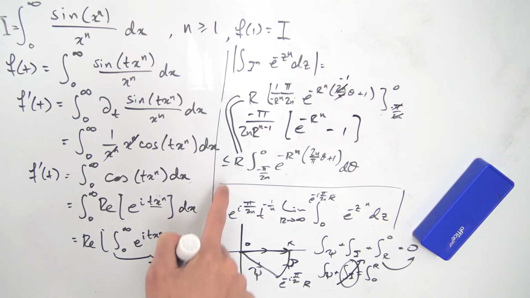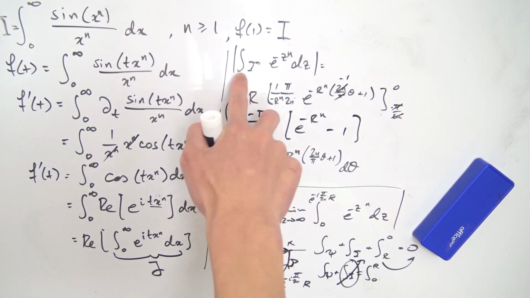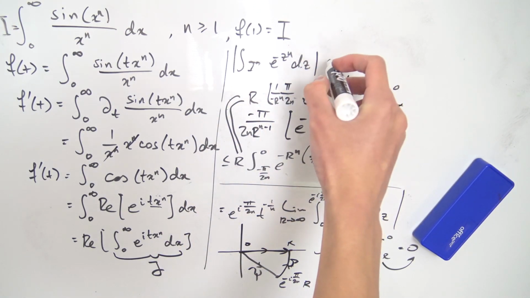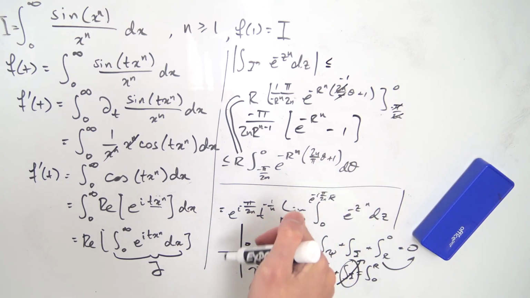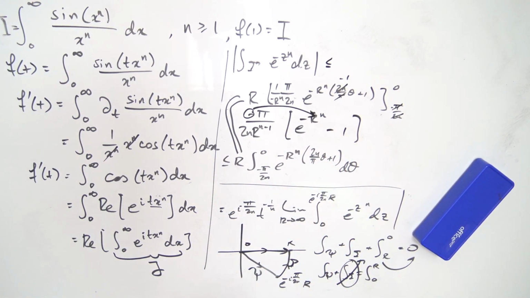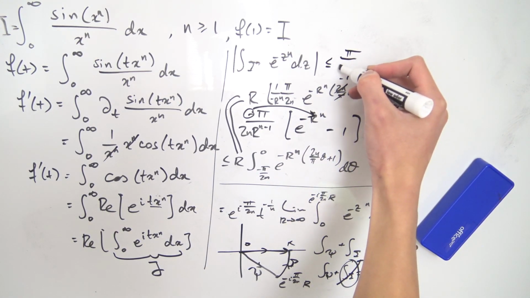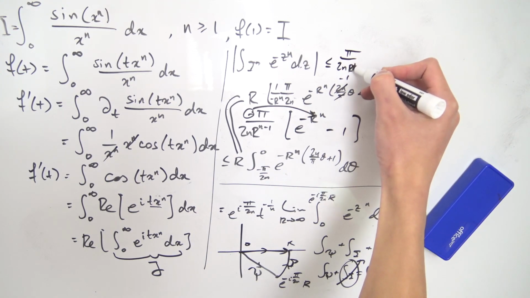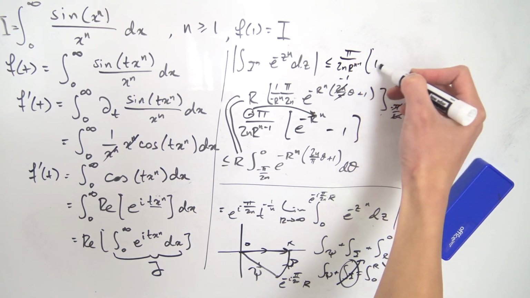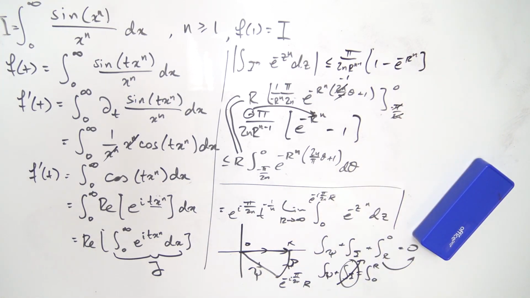We just showed, remember we always use the less than or equal to inequality, we just showed that the absolute value of this integral is less than or equal to this thing right here. And let's just, I guess we can just bring that minus inside of that bracket to get pi over 2n times r to the n minus 1 times 1 minus e to the minus r to the n.